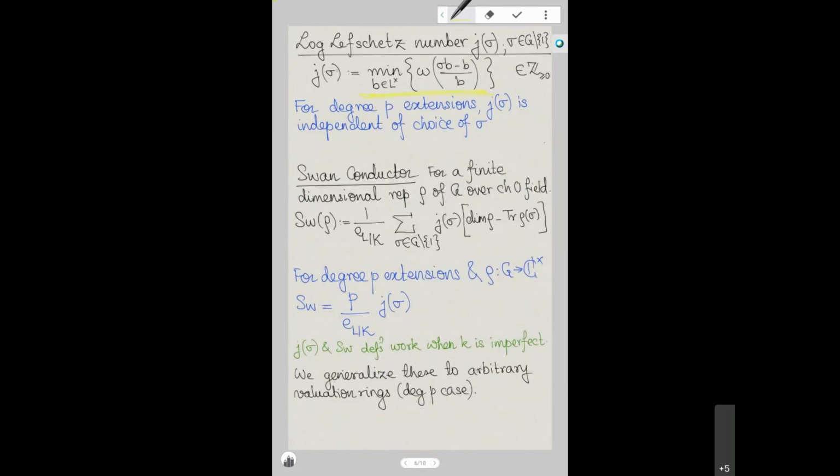This is called the log Lefschetz number. The important part here that we want to use later is that for degree p extensions, this definition doesn't depend on the choice of sigma. Sigma can be any non-trivial element of your Galois group that is going to generate your entire Galois group, and this number does not change if you change sigma.